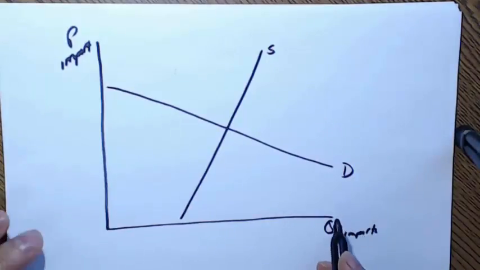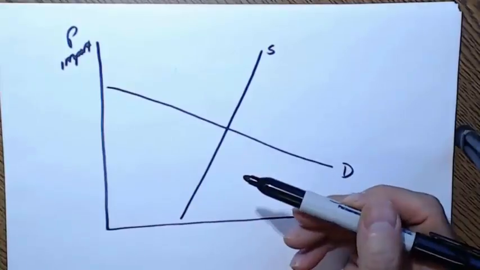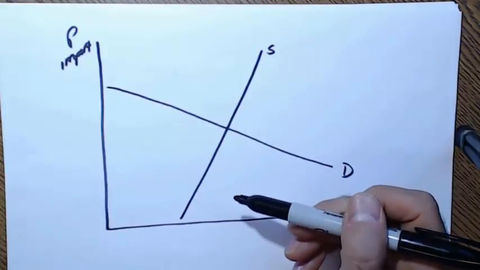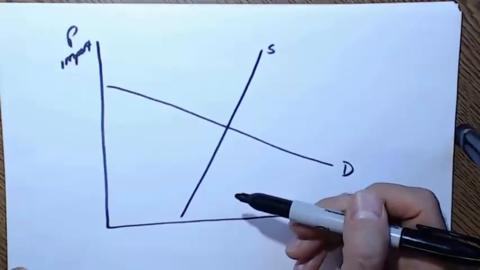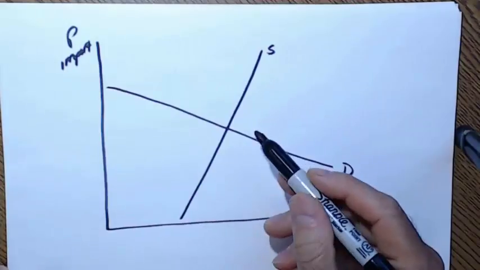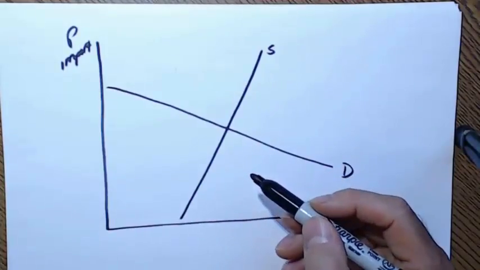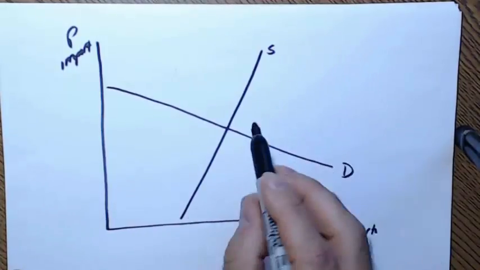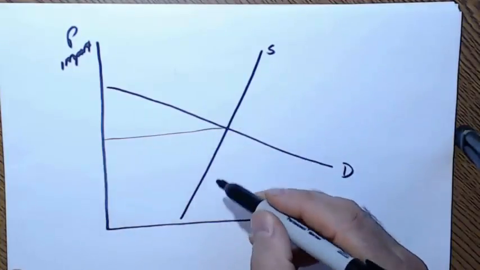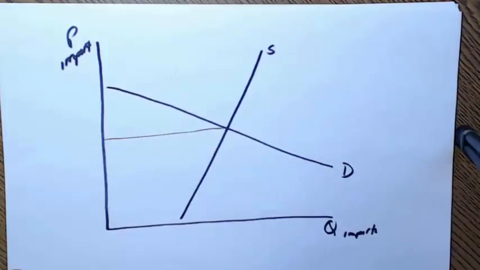So it's a steeper line, and it would have to do with the ability of the foreign automakers to adjust and shift their output in response to changing prices. And that's a little harder. It's hard to change output of a large company producing autos. So having a steep supply curve and a flat demand curve kind of makes sense, is what I'm saying.